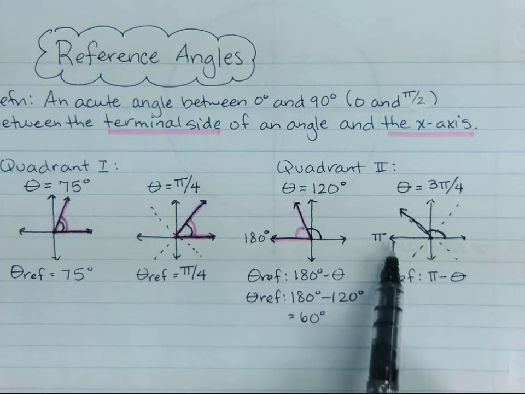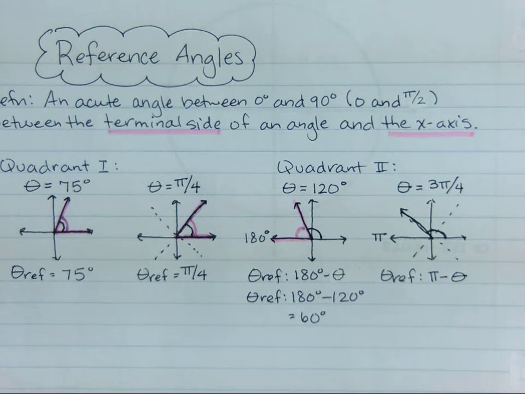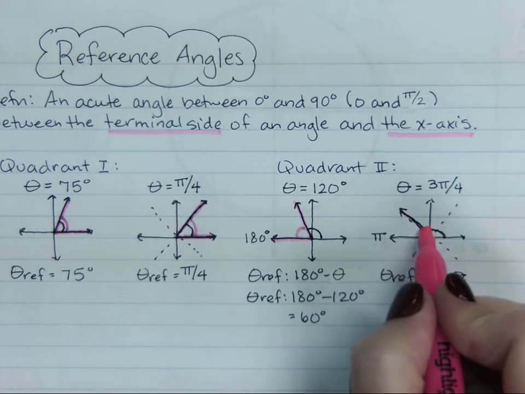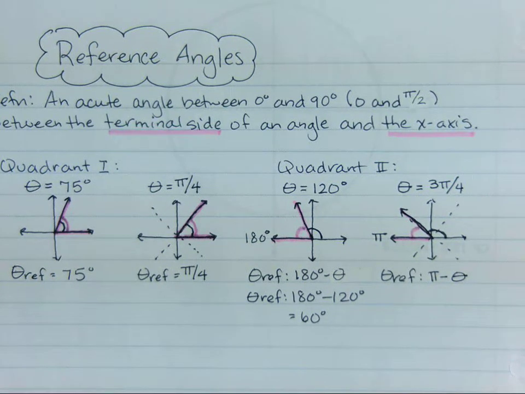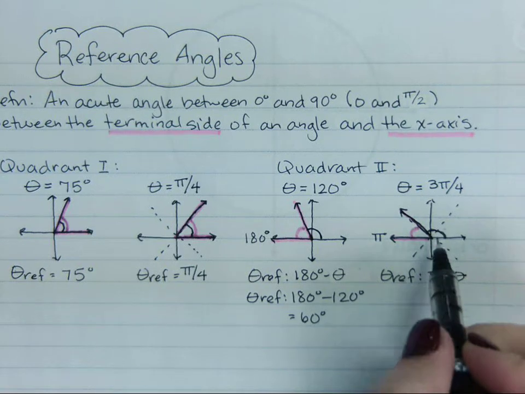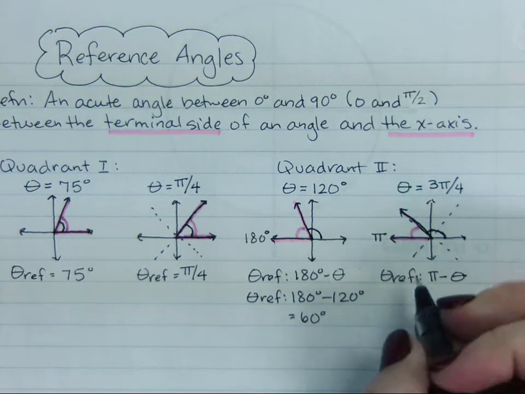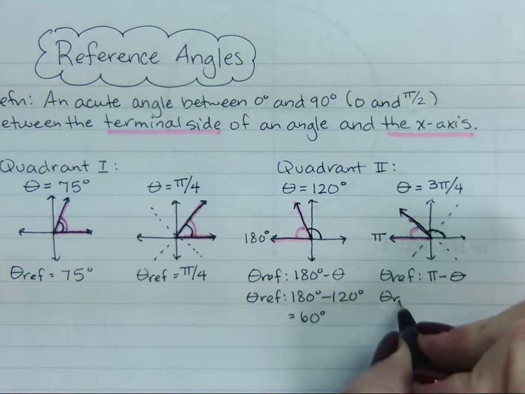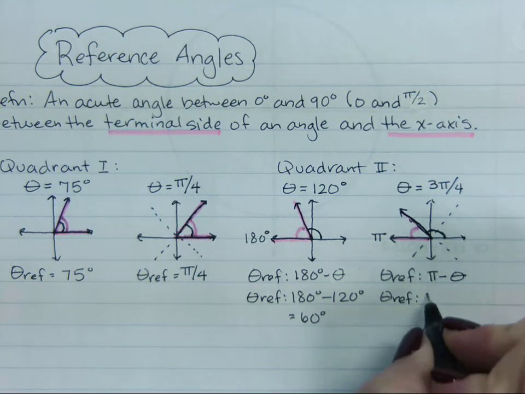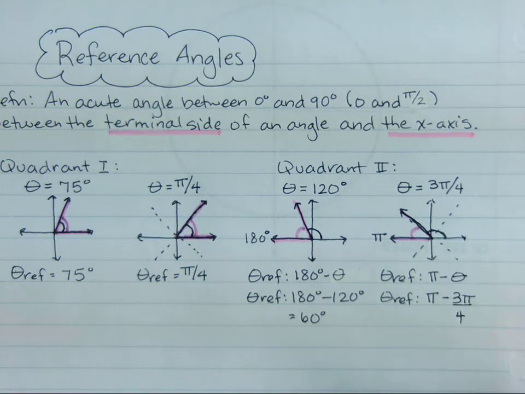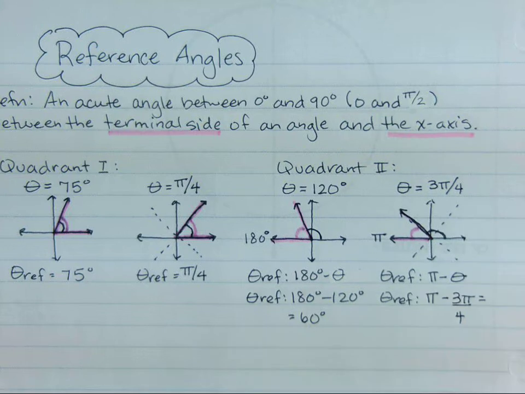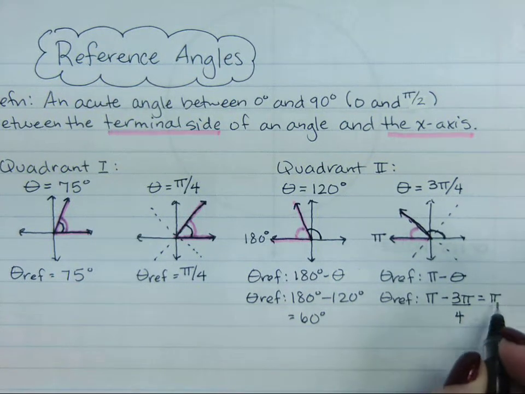All right? So you're always using the value that is closest to the x-axis, because again, this is my terminal side, closest x-axis. And something that you can see is that when you have these measures of pi over 4s, 3s, or 6s, because I can see I have one increment, I kind of know already what my value is supposed to be. Pi minus 3 pi over 4. I'd have to get a common denominator here, but my value is going to end up being just a pi over 4 reference.